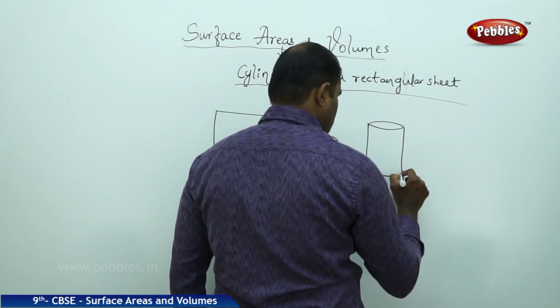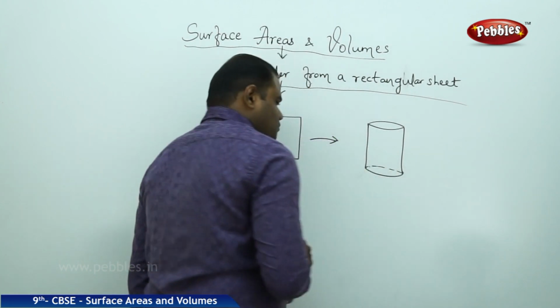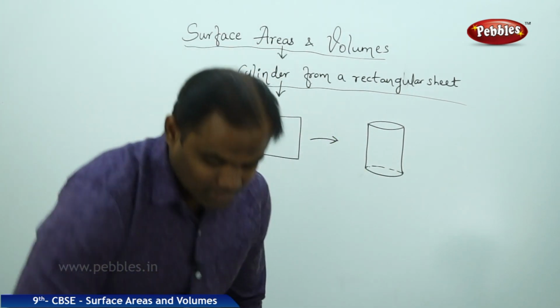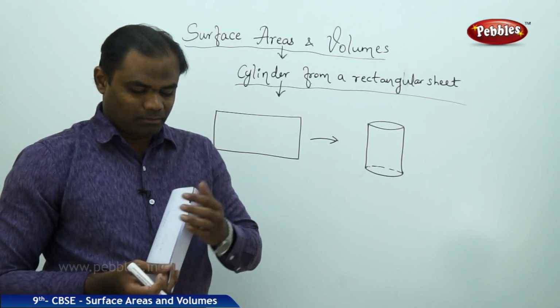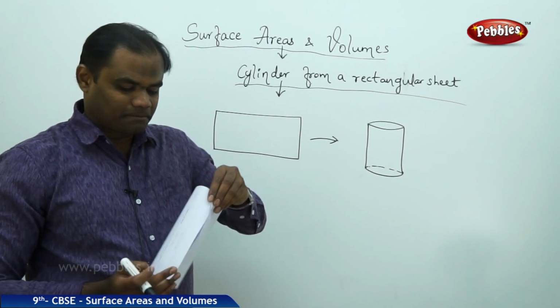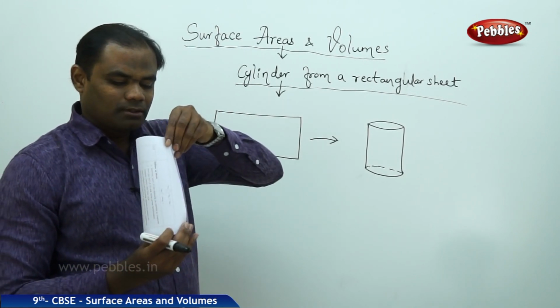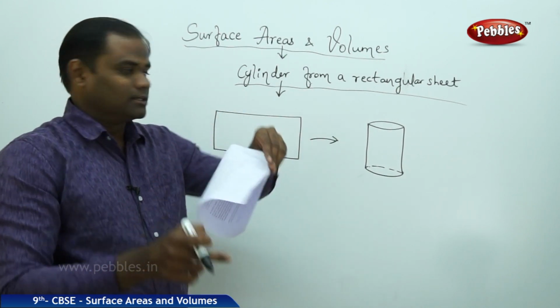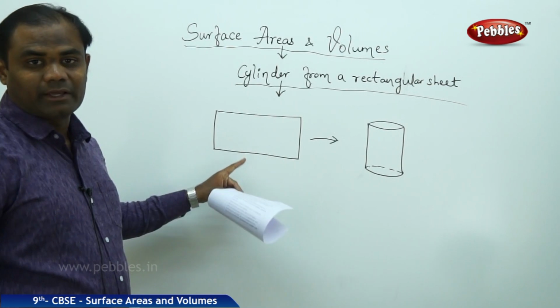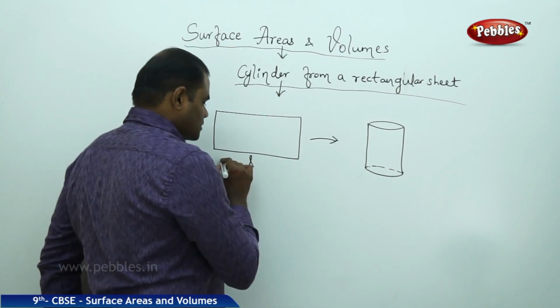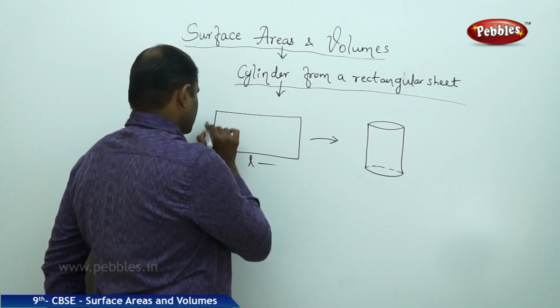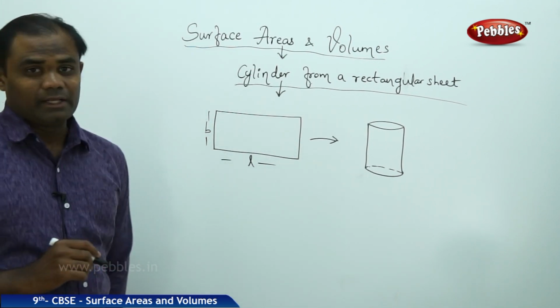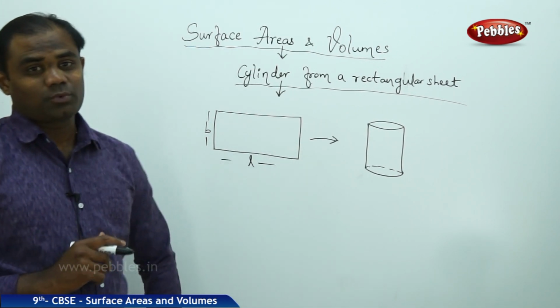It is very important to note what the length of a cylinder formed from a rectangular sheet of paper could be when compared to the rectangle. If the rectangle has the dimensions length and breadth, what could be the length of the cylinder is the biggest question.